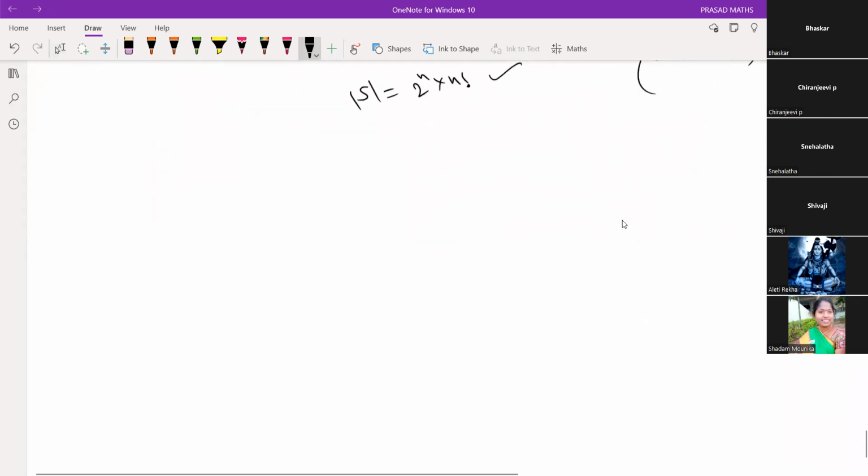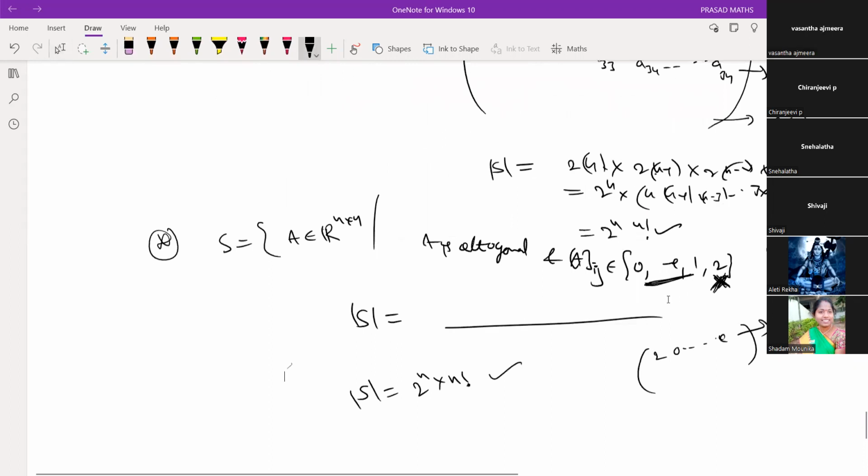Now, is it clear? If the same question, instead of asking cardinality, asked whether it is orthogonal or not, our answer would be not orthogonal. See, I'm looking at the collection of orthogonal matrices. I'm not asking whether it is an orthogonal matrix or not. Suppose you're given a matrix like this.